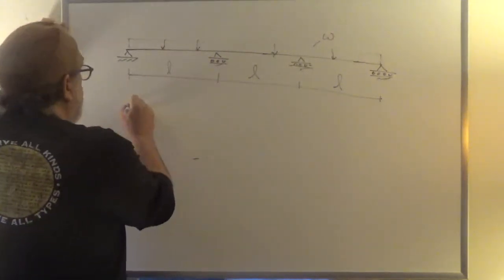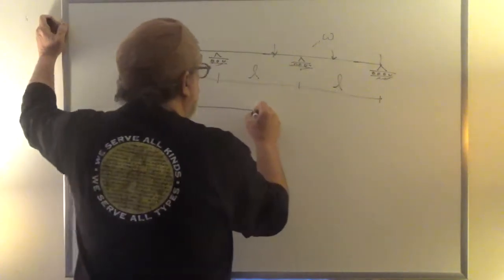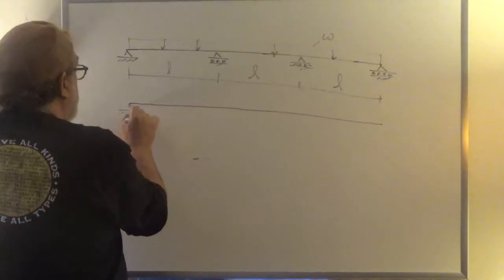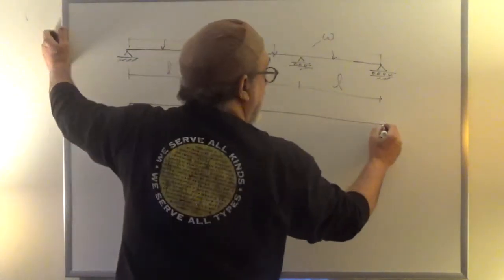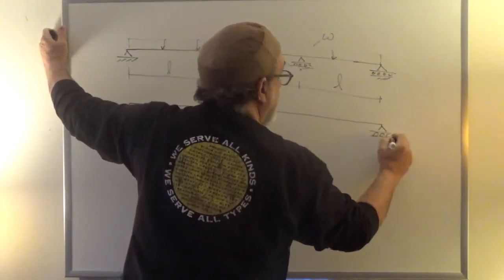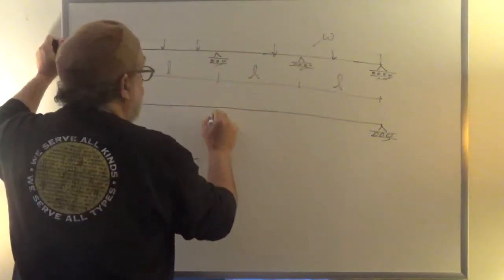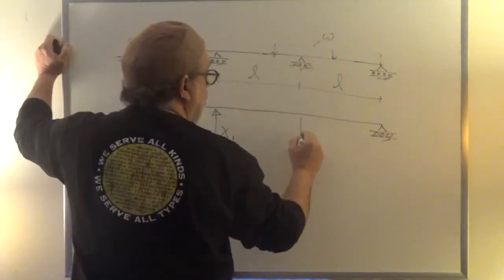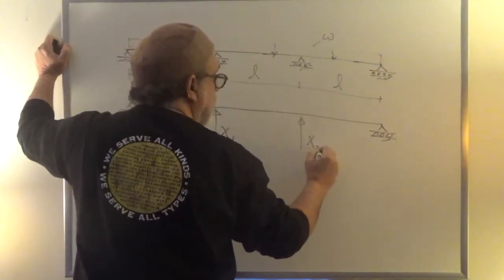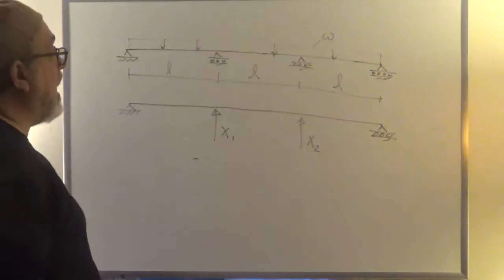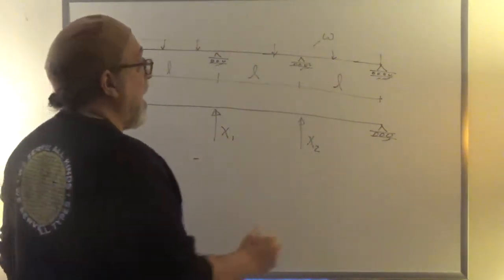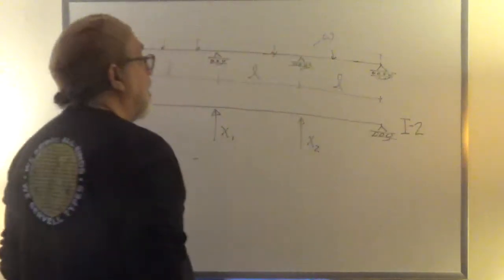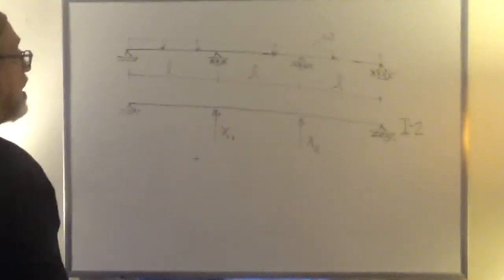So here I'm going to choose to take the 2 reactions in the middle as being the redundants. And so this one is going to be x1, and this one is going to be x2, even though I know from the outset that x1 and x2 are going to have to end up being the same because of the symmetry of the situation. This is indeterminate to the 2nd degree.